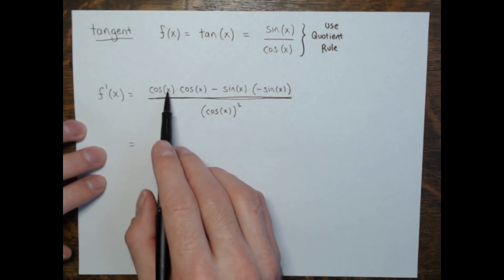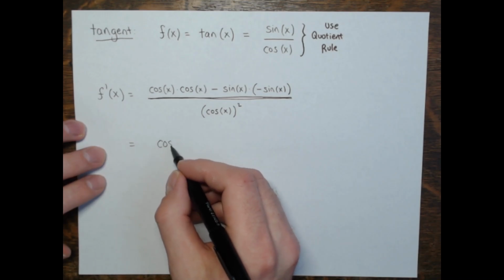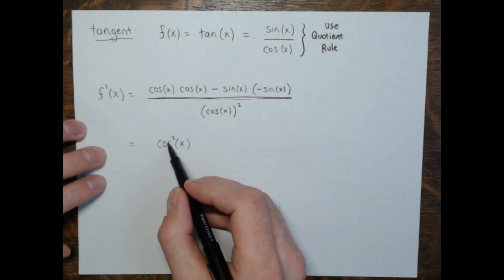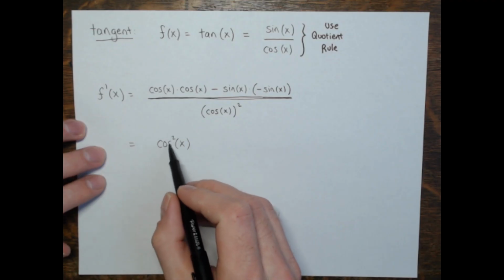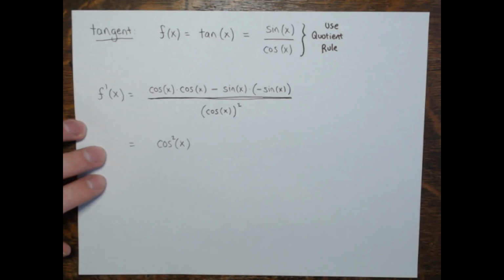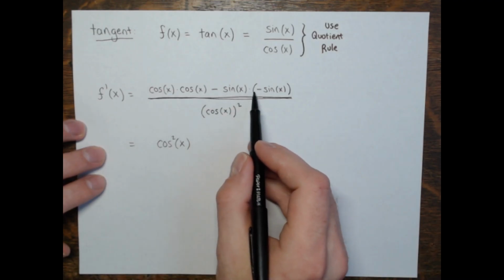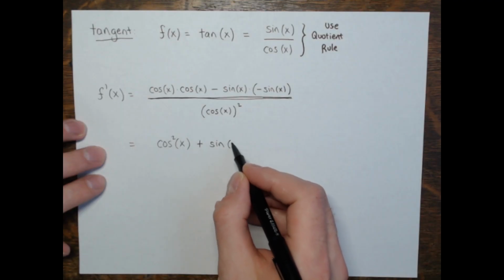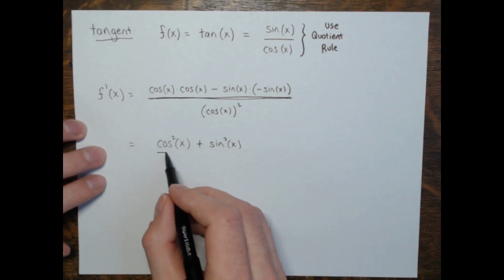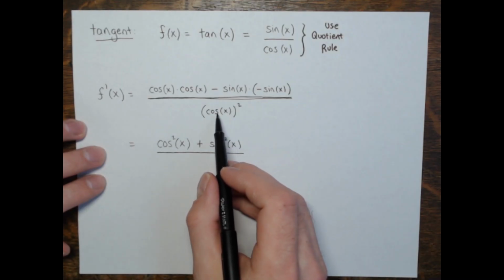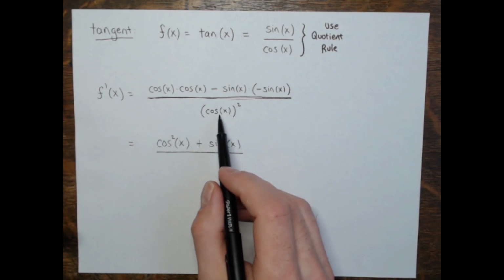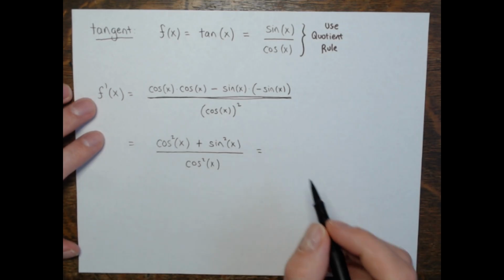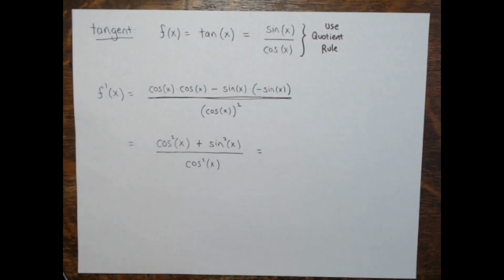It's just much more easily written using some trig identities. Up top here, cosine times cosine is cosine of x squared, but remember how they usually put the power right after the name for the trig functions. So this is cosine squared. And then I have negative sine x times another negative sine x, so we get plus sine squared x. And then down here, similarly, this is cosine times cosine, cosine squared. And then some trig identities popping up here.